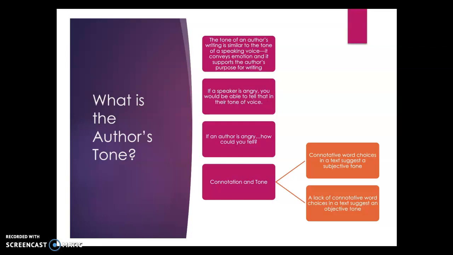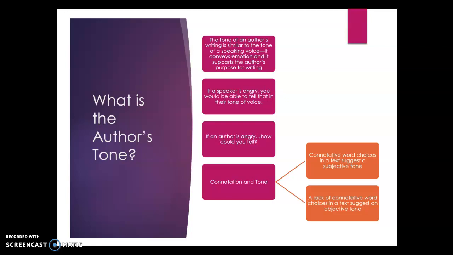When an author is angry, they're going to use what we call highly connotative word choices, right? You're going to know they're mad based on the words that they use. So you have to listen to the connotation of a word, and you've got to pay attention to the way the sentences are structured.